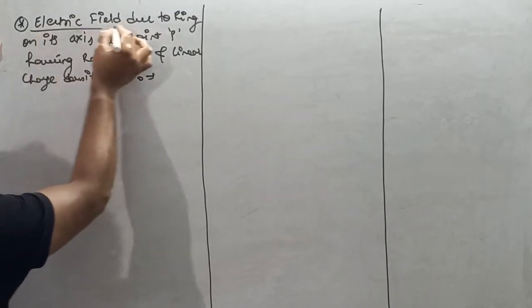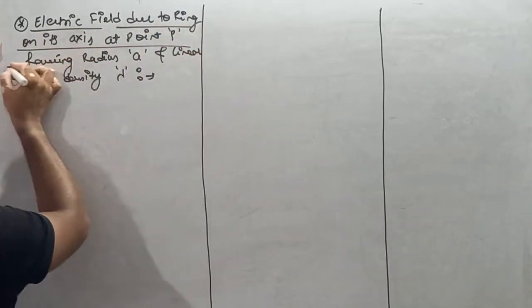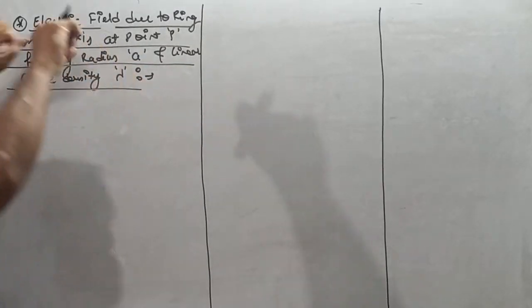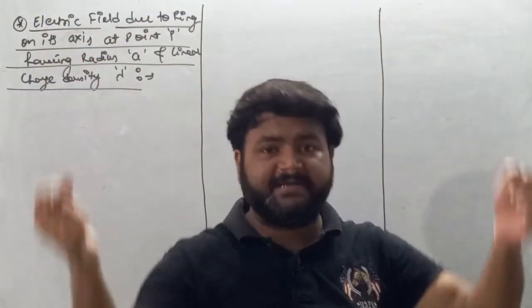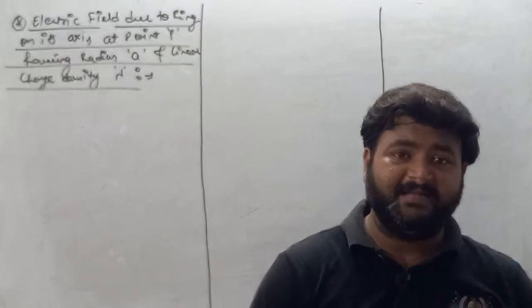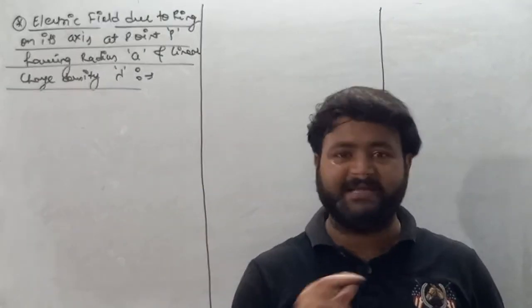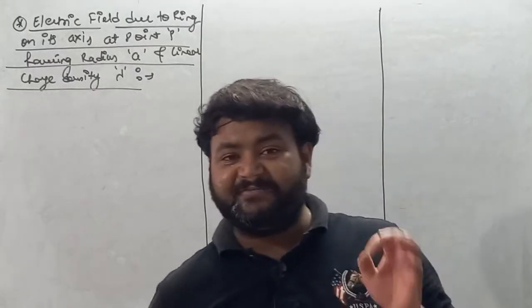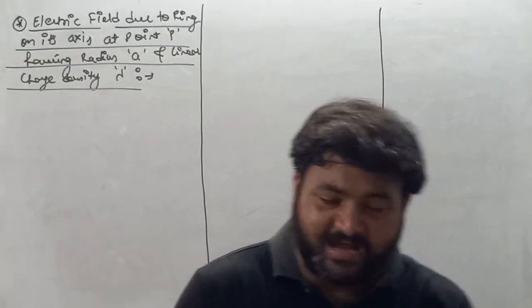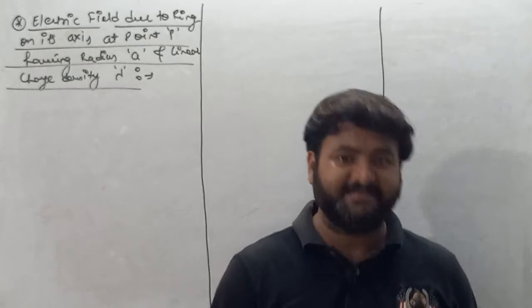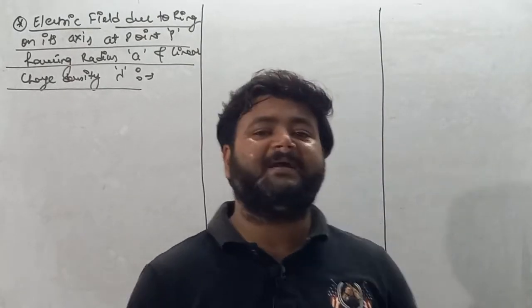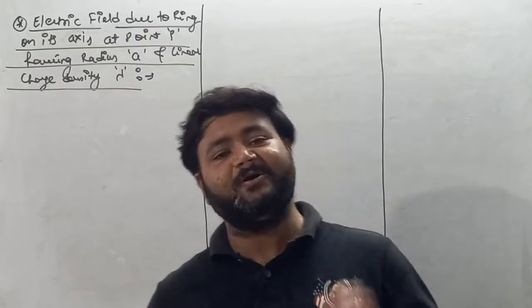Now see, I'll already tell you, my dear student, that if we convert the wire in circular form, then the wire is converted into a ring. So if the physical parameter of wire is length, then the physical parameter of ring is also length.